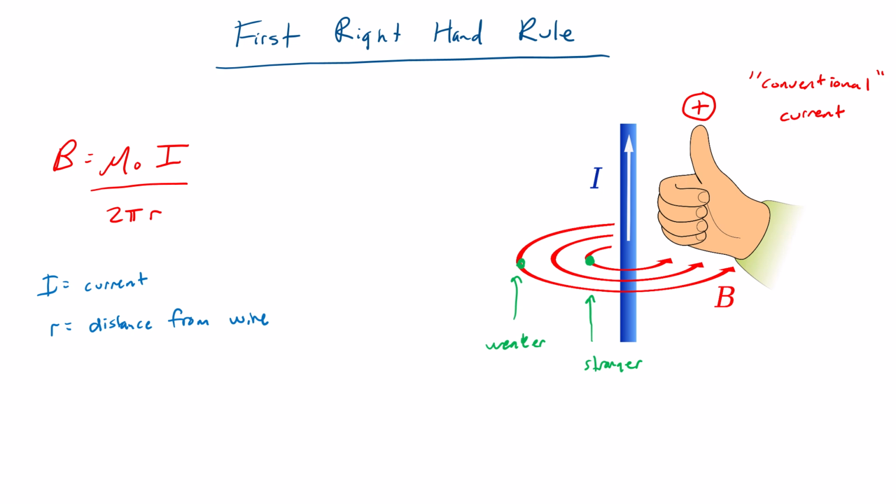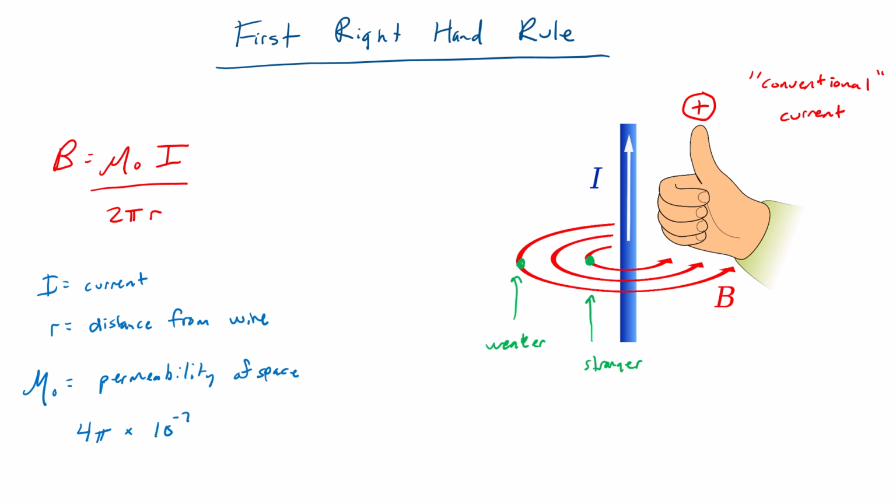And lastly, that mu naught in here is the permeability of free space, which is basically how well the magnetic field can exist in air or in our free space that's available. This is kind of a strange constant because it's 4 pi times 10 to the negative 7th.